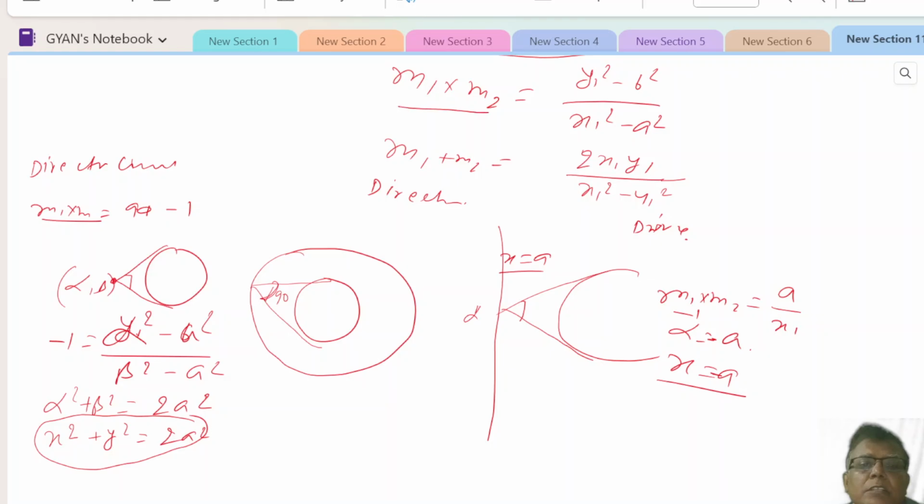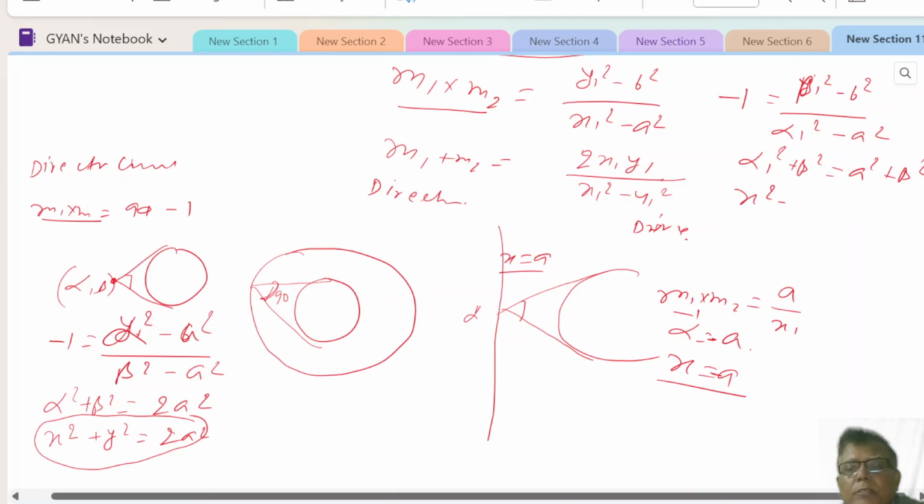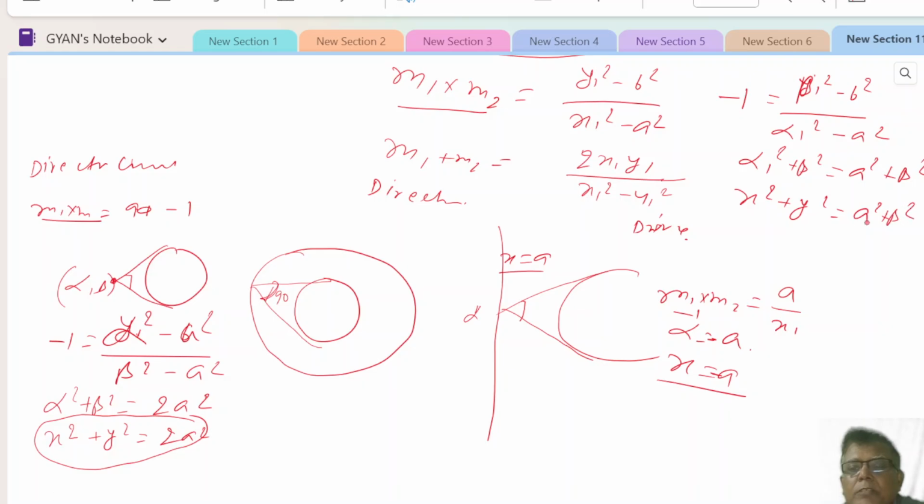Now come to the director circle of the ellipse. This is minus 1, so beta square minus b square divided by alpha square minus a square. So that will be alpha square plus beta square is equal to a square plus b square. So replace alpha by x and beta by y: x square plus y square is equal to a square plus b square.